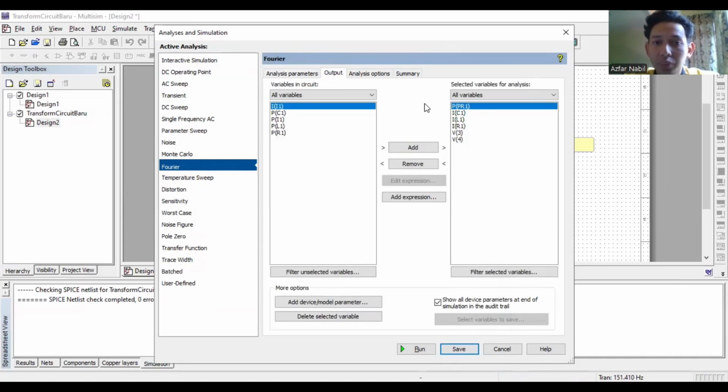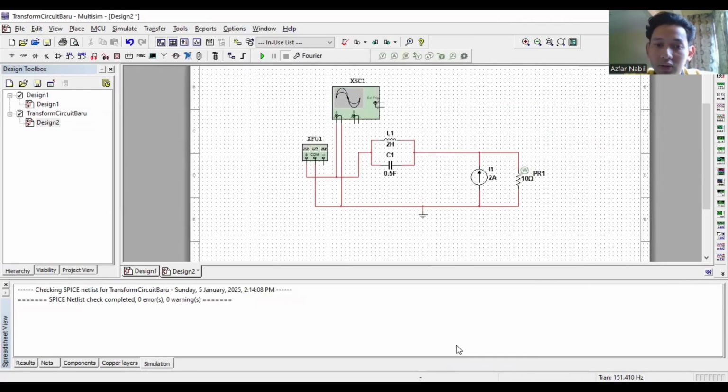Then we go to output. This is our output for this circuit: current for C1, current for L1, and current for R1, also voltage 3 and voltage 4. Then we save and run.